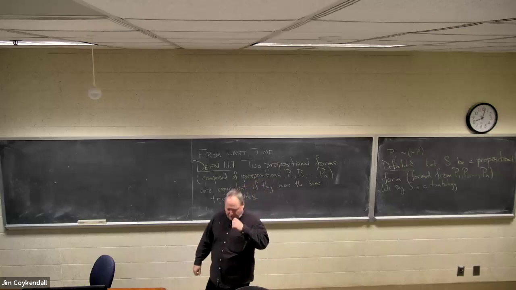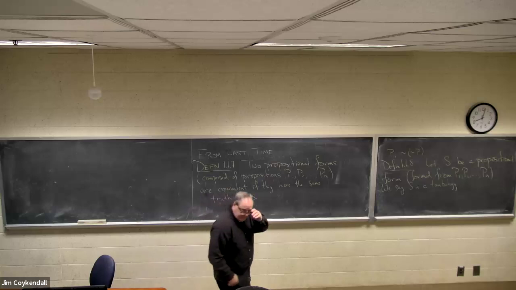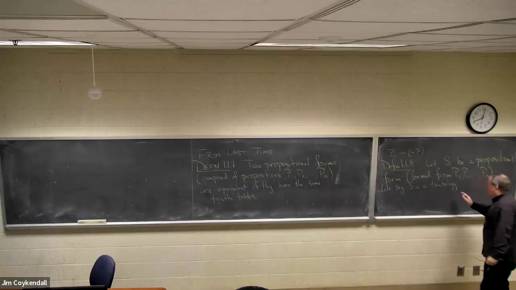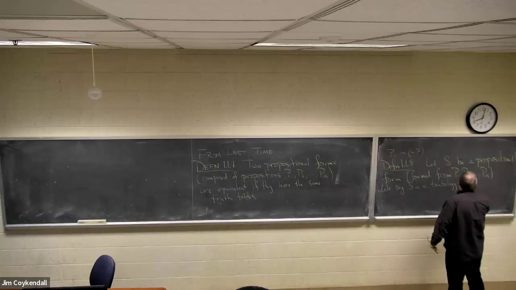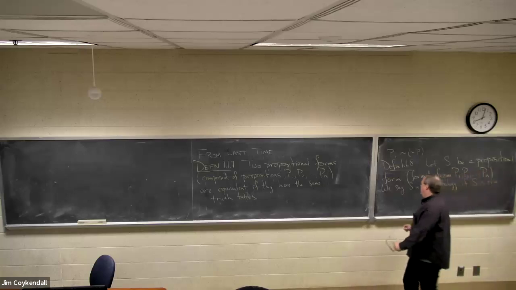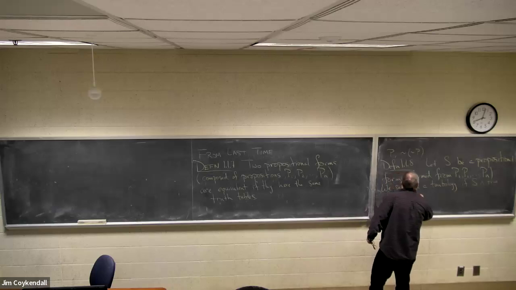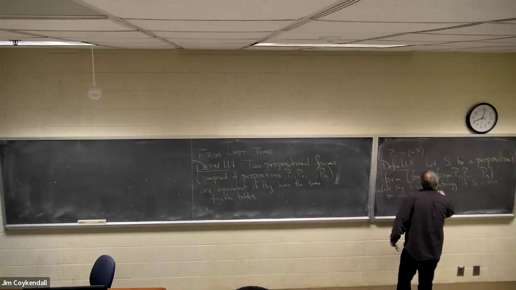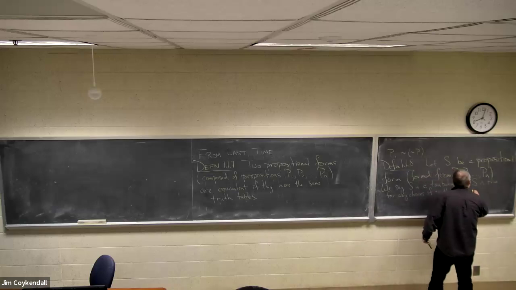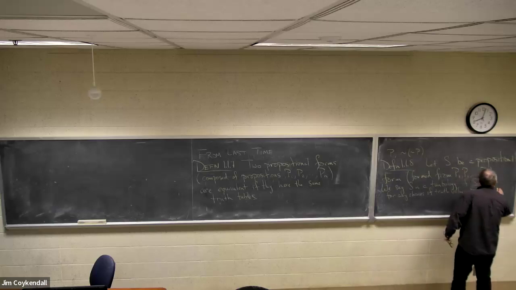Has anybody ever heard this word before, tautology? Anybody know what it means? We say that S is a tautology if S is true for any choices of truth values for P1, P2.